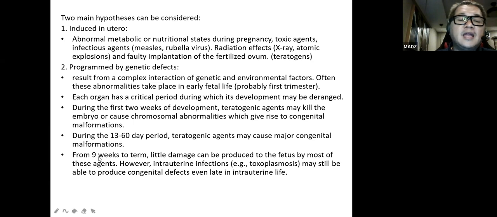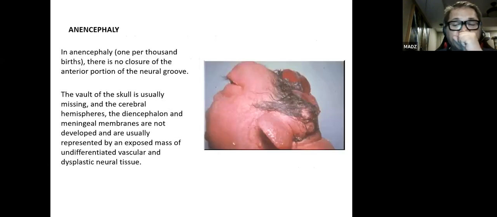From 9 weeks to term, little damage can be produced to the fetus by most of these agents. However, intrauterine infections like toxoplasmosis may still produce congenital defects even late in intrauterine life.